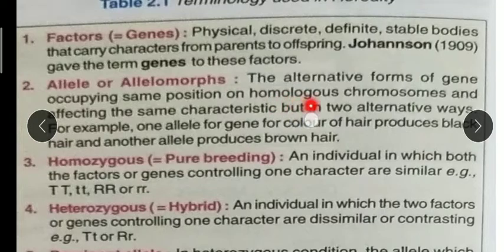Homologous means same, and affecting the same characteristic. So the genes are found in pairs and they carry a single character, but in two alternative ways. For example, one allele of the gene for hair color produces black, and the other produces brown hair in the form of alleles. How it is possible, I will explain.